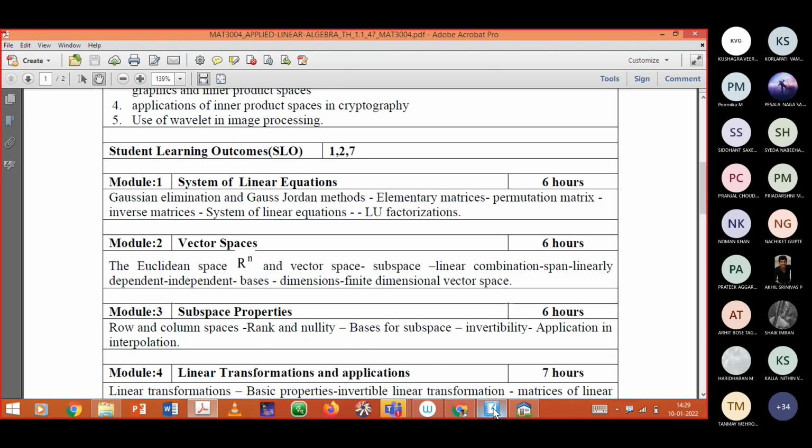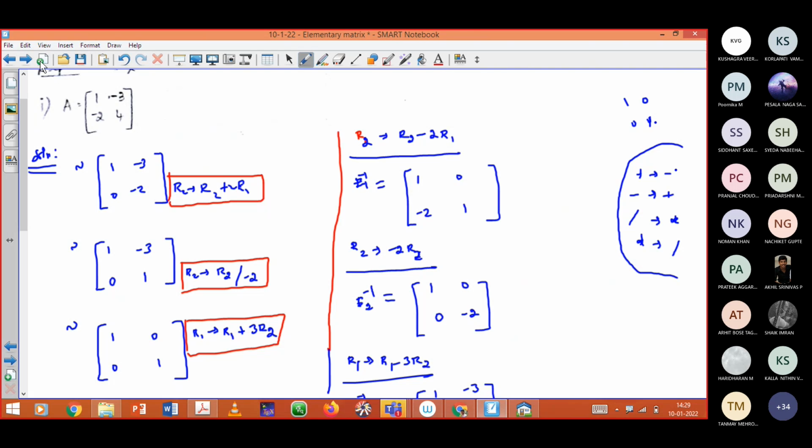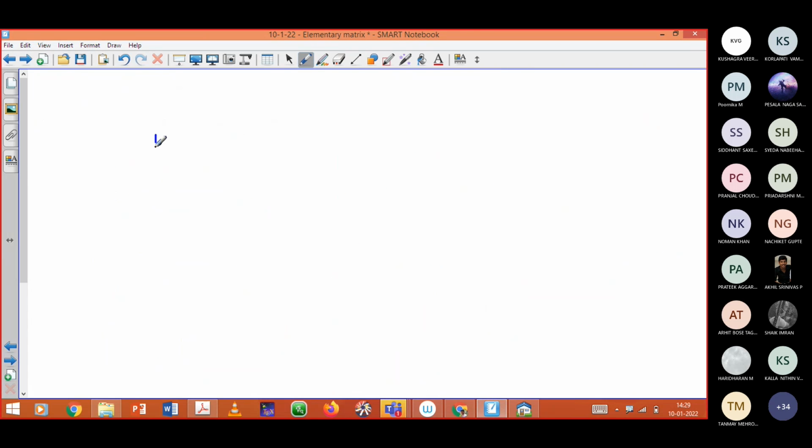Here L is nothing but a lower triangular matrix. This technical term you would definitely have gone through in your schooling.